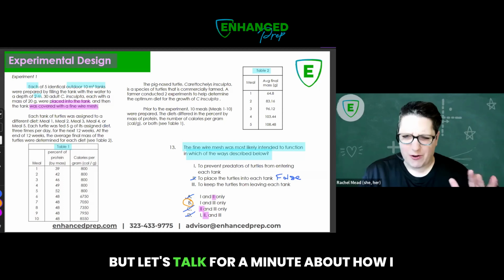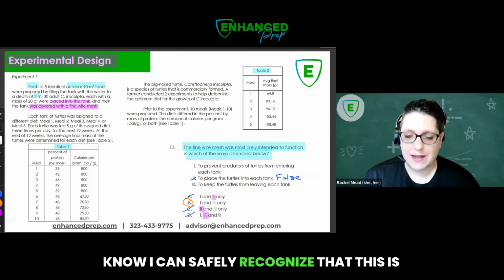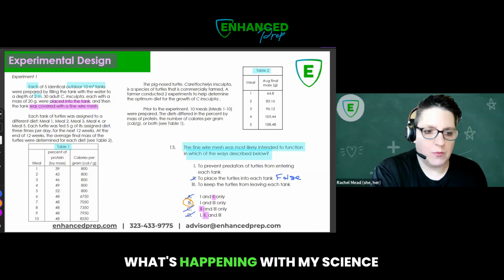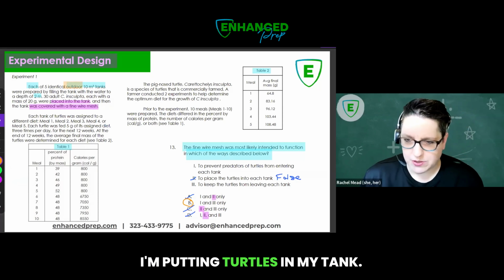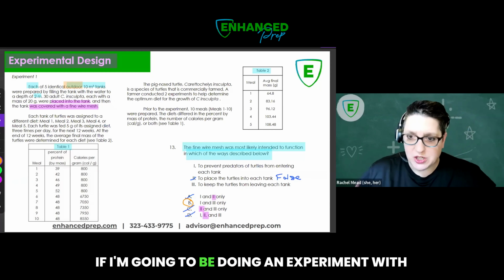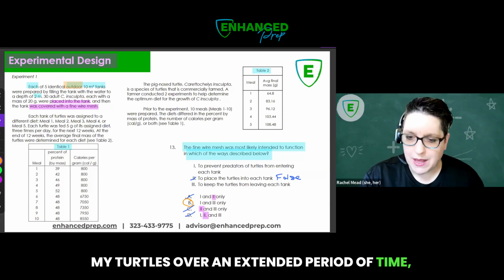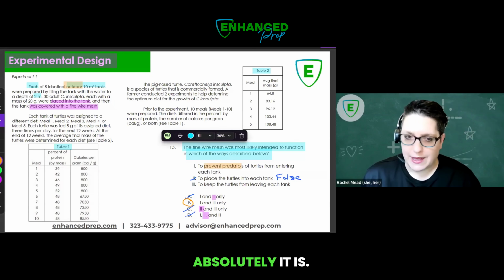But let's talk for a minute about how I know I can safely recognize that this is also a correct answer by understanding what's happening with my science experiment. These tanks are outdoors. I'm putting turtles in my tank. If I'm going to be doing an experiment with my turtles over an extended period of time, is it important that I keep predators out of my tank? Absolutely, it is.